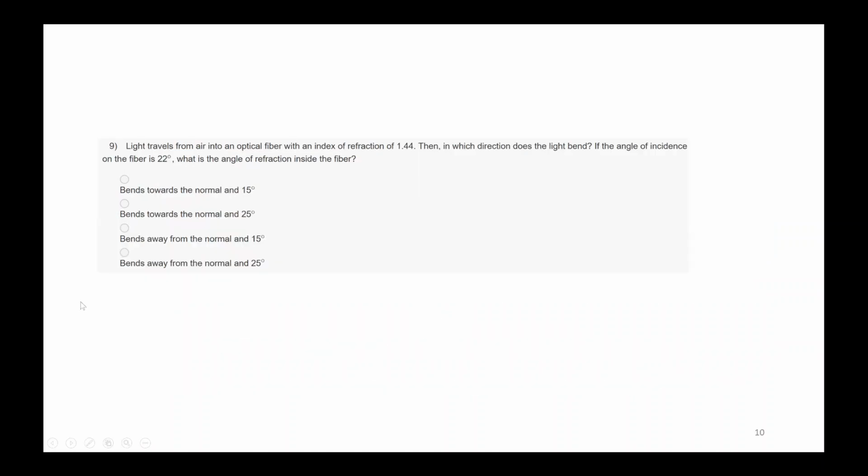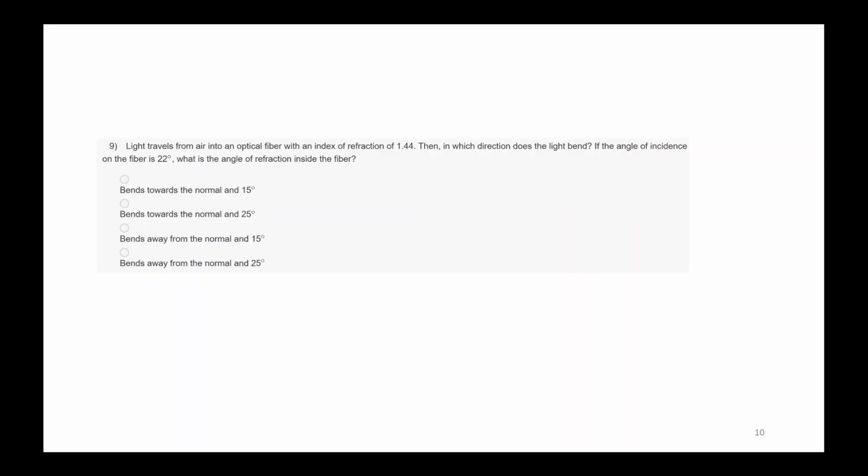Question number 9. So it is a numerical. In this, light travels from air into an optical fiber with an index of refraction of 1.44. Then in which direction does the light bend if the angle of incidence of the fiber is 22 degree? What is the angle of refraction inside the fiber?